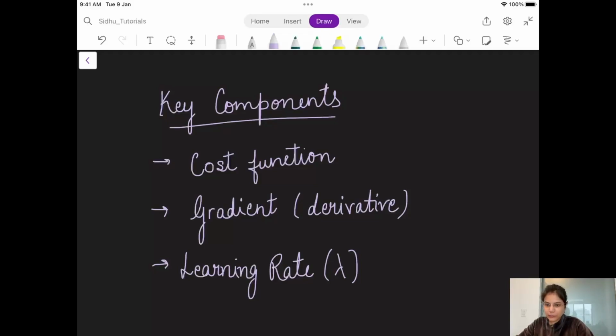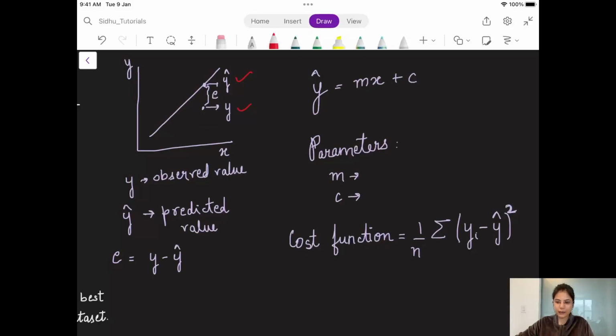Now let's deep dive into the gradient descent algorithm and how it works. Basically, in the case of linear regression, while training we train the model so that it can learn the values of M and C. And the best values of M and C are the ones where the cost is minimum.